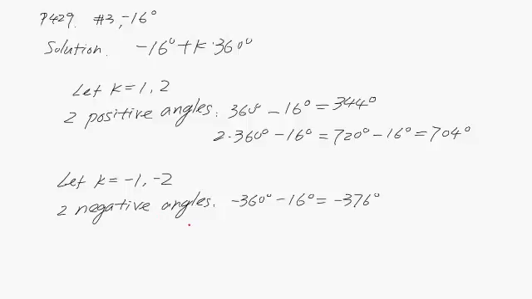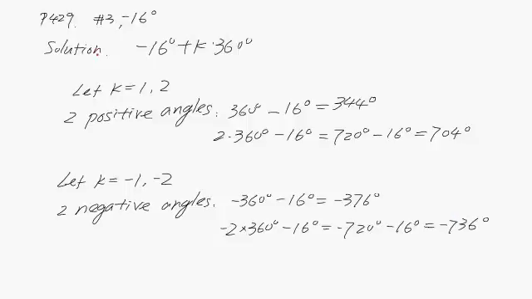And we have the k equal to negative 2, we have the negative 2 times 360 degrees minus the 16 degrees. Then we have the negative 720 degrees minus 16 degrees. Then finally we get negative 736 degrees. So in such a way, we find the two positive and two negative angles which are coterminal with this given angle.